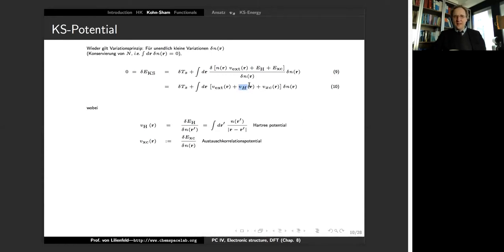The VH is just the functional derivative of the Hartree energy, and the VXC is just the functional derivative of the exchange correlation energy, and that's unknown, right? We didn't specify that yet, okay? Now, this is one of the frontiers of science.